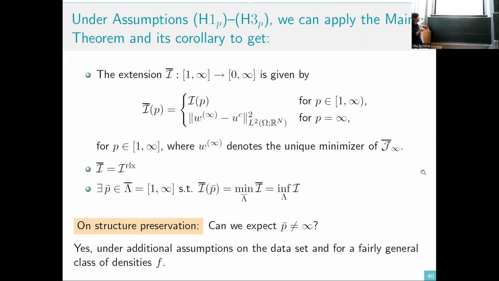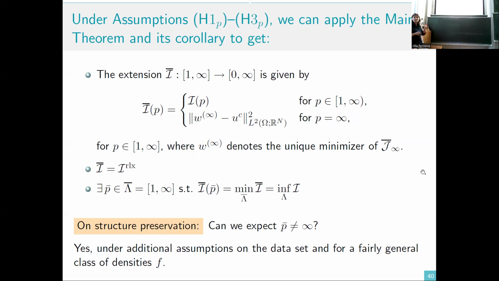It looks like this, nothing changes for the original set, and then here you just put the unique minimizer for p equal to infinity. And as before, this extended functional is the lower semi-continuous envelope of the original one. You have existence of minimizers, you can put the machinery to work, and everything goes well.